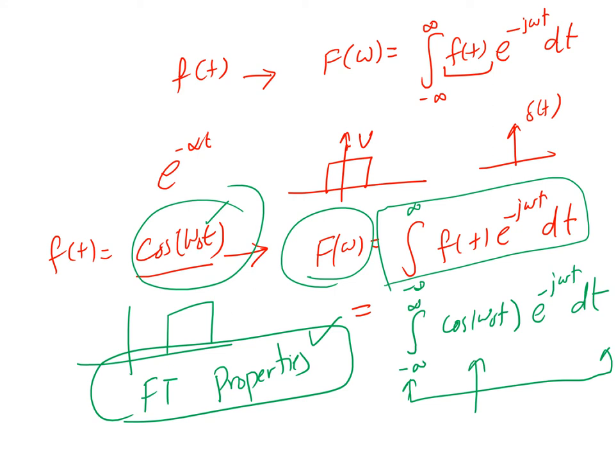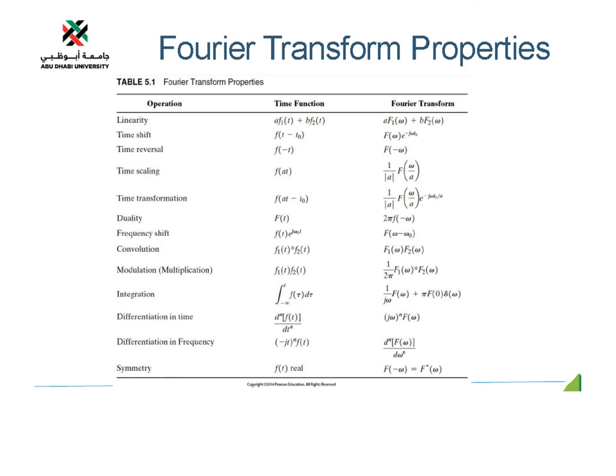The properties are: linearity, time shift, time reversal, time scaling, time transformation, duality, frequency shift, convolution, modulation, integration, differentiation, and symmetry. We will study all of these step by step.